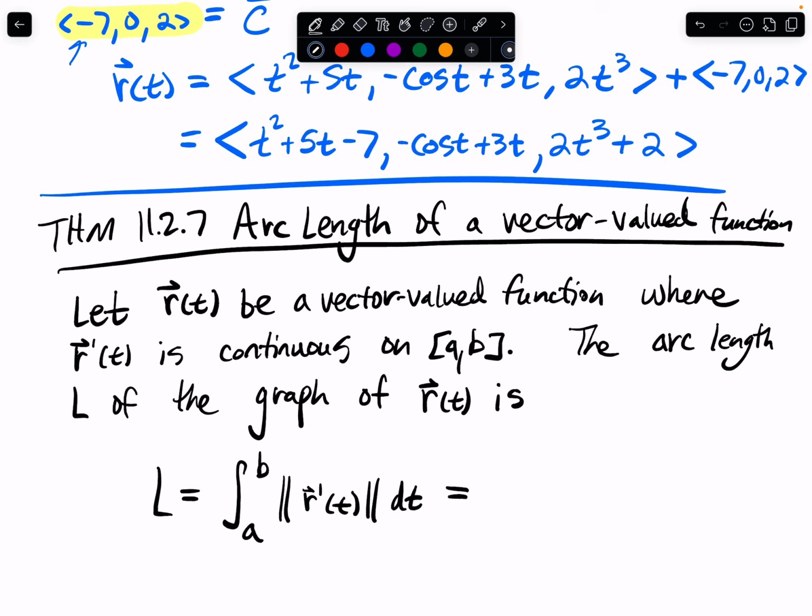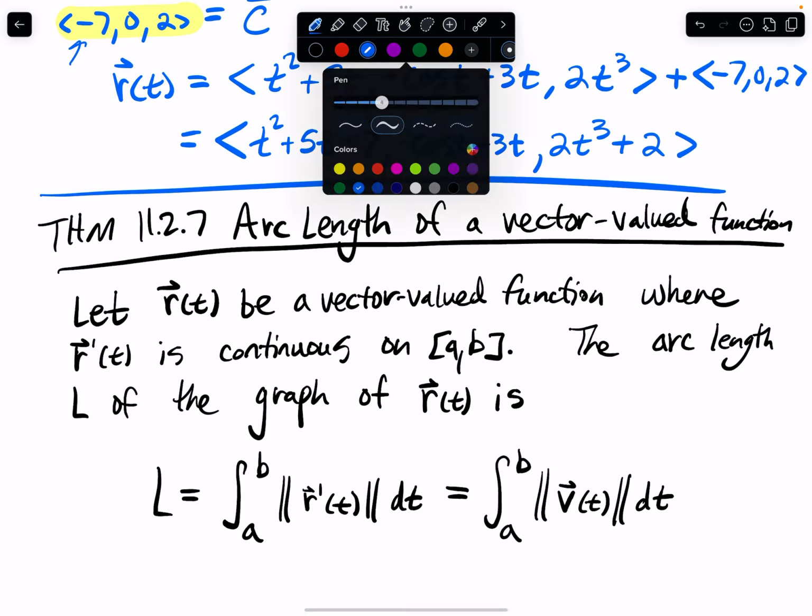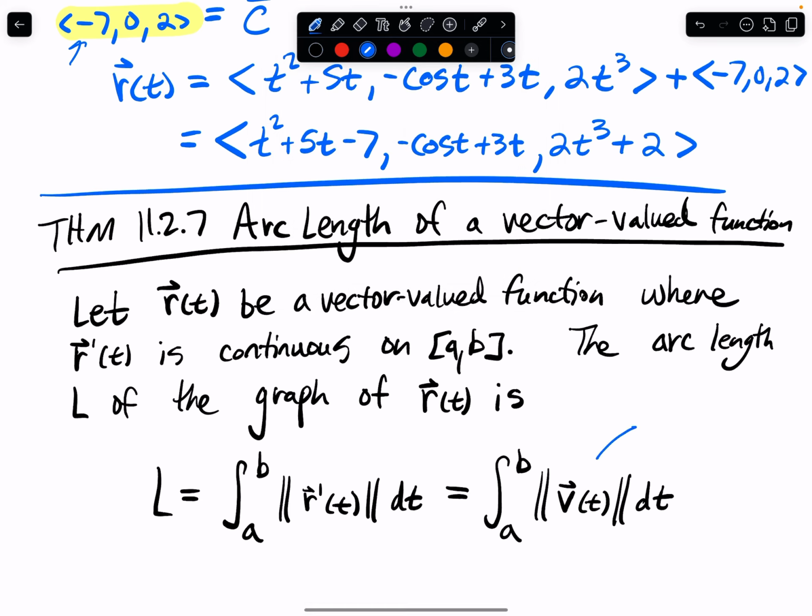So if I write this another way, this is equal to the integral from a to b of the magnitude or the norm of v, the velocity function, dt. So I'm integrating, adding up from a to b, the distance traveled. This is the distance traveled on the arc from A to B. Kind of cool.